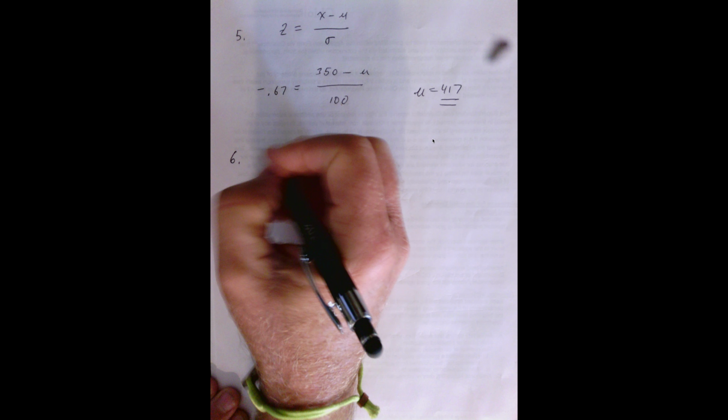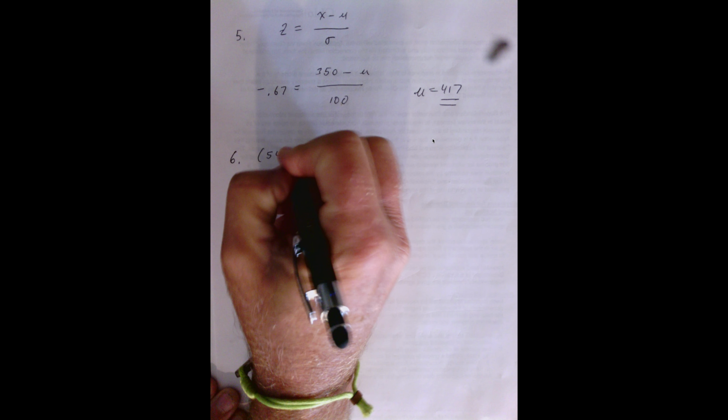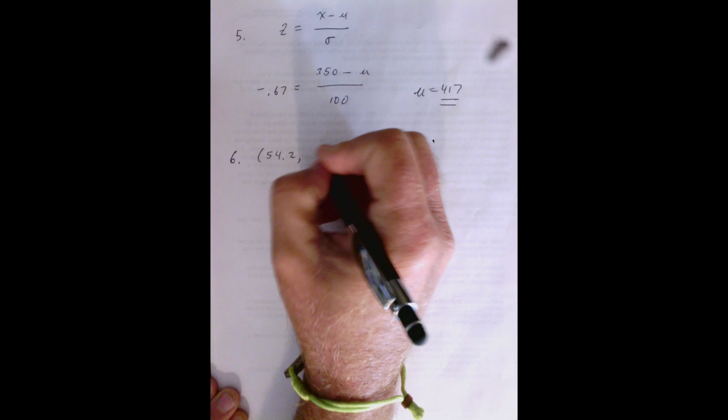All right, a 95% confidence interval for an unknown population mean is 54.2 to 58.4. I'm working number 6 now. What are the values of the sample mean, and what was the sample size?